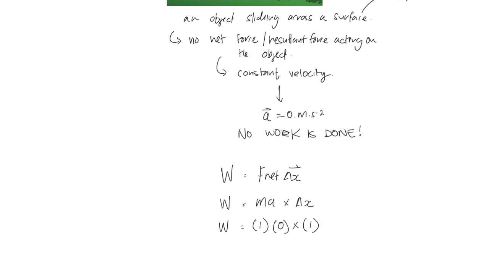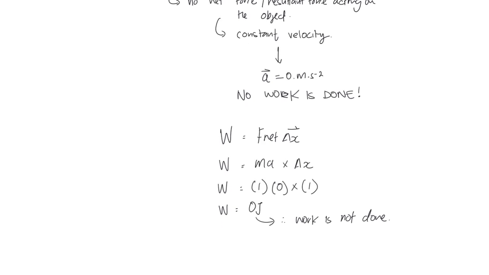Then you will notice that the work done here is 0 joules, and therefore work is not done. So that's another condition. It means that the acceleration must be greater than 0 for work to be done.